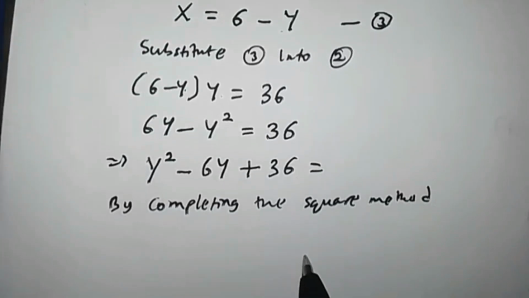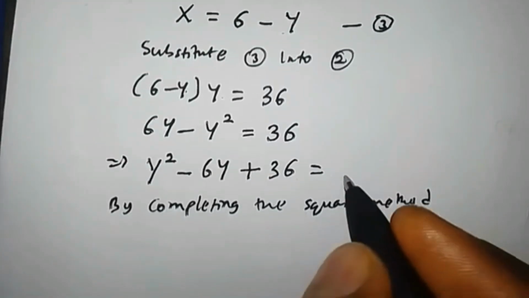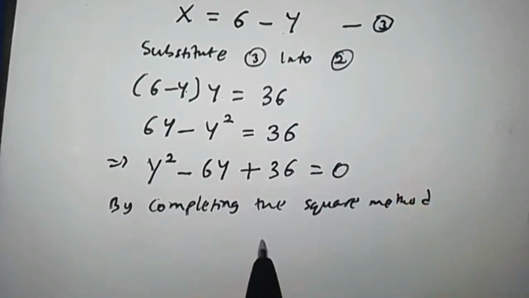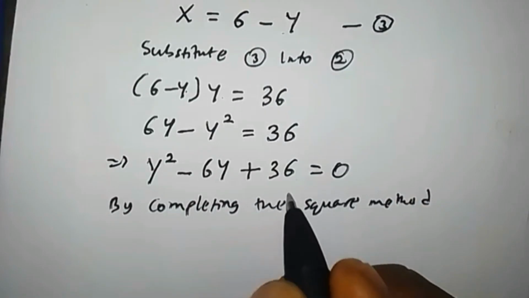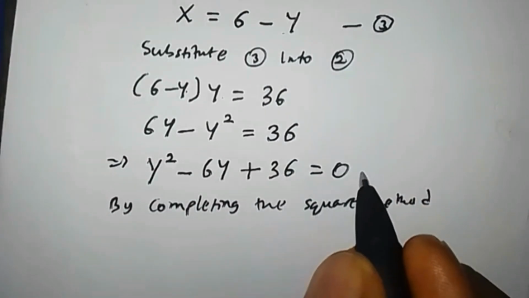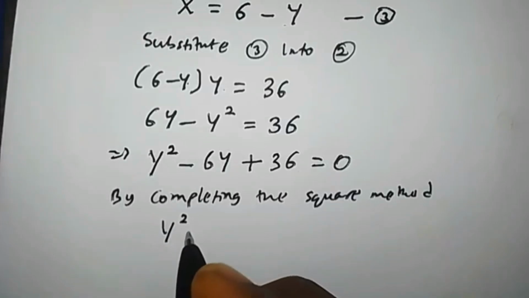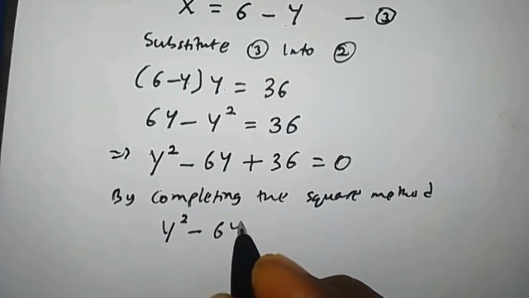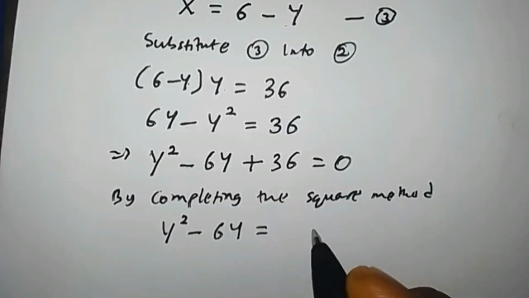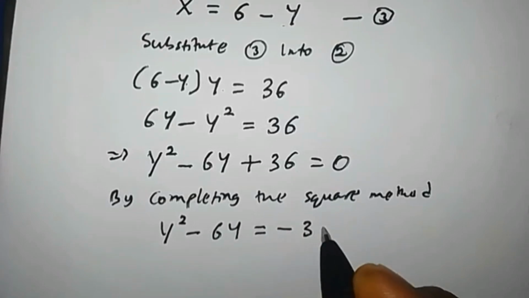The first thing we are going to do is to transfer this constant to the right hand side. So we have y squared minus 6y equals minus 36.